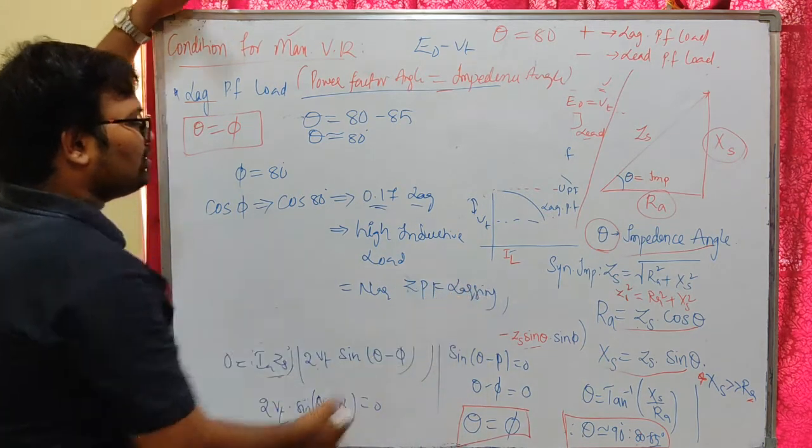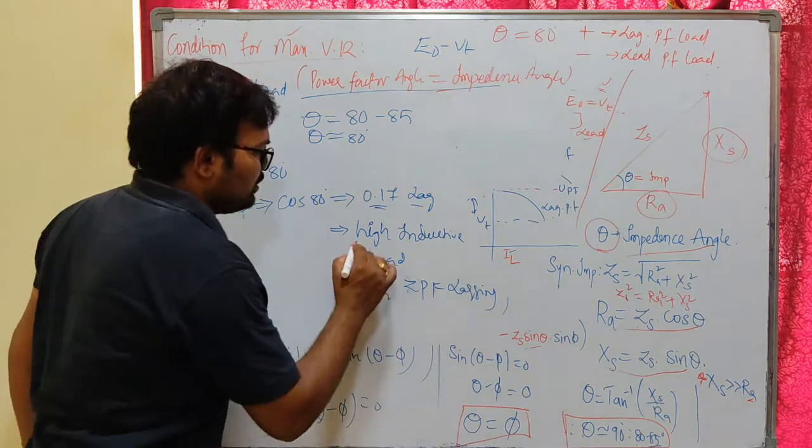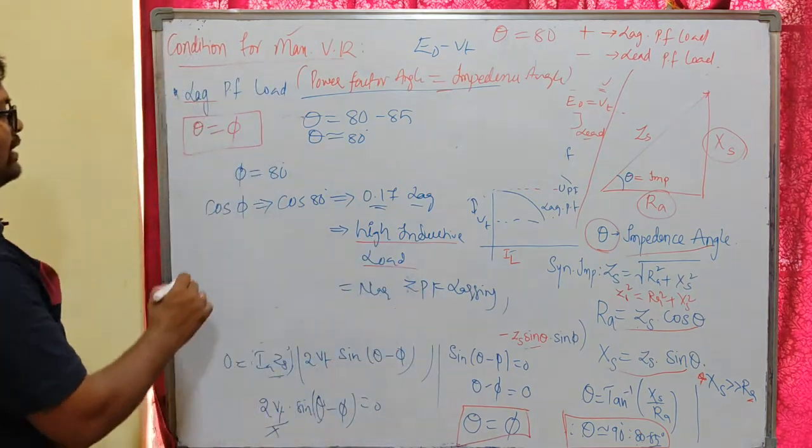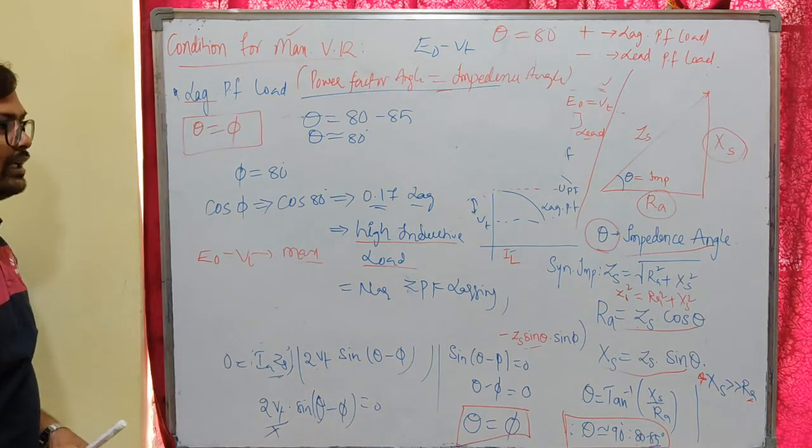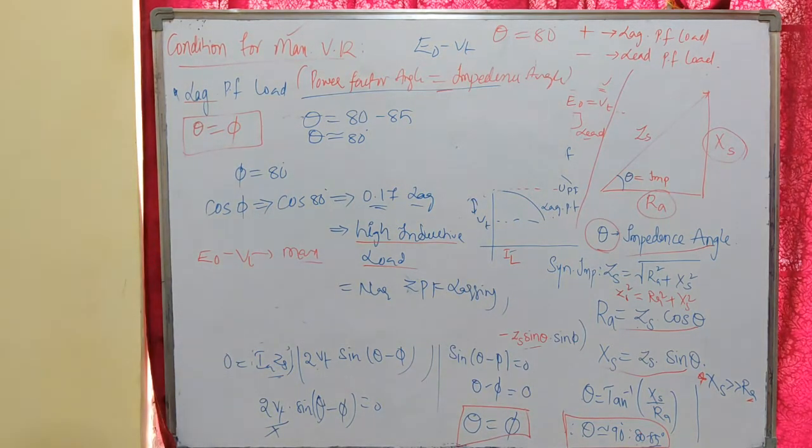That means at very high inductive loads, the voltage regulation E naught minus V naught is maximum.